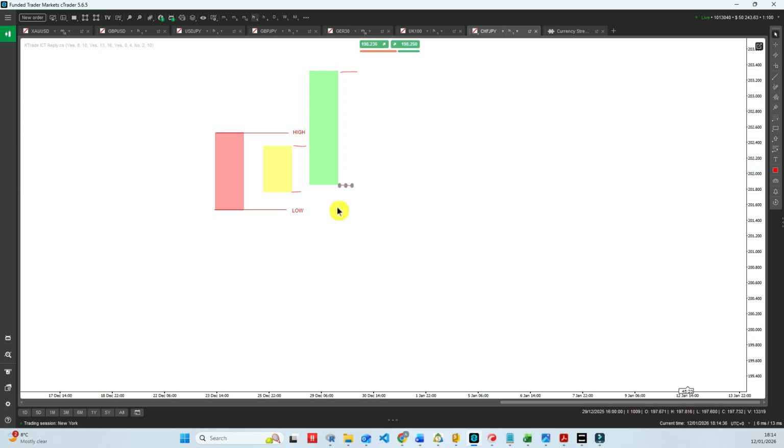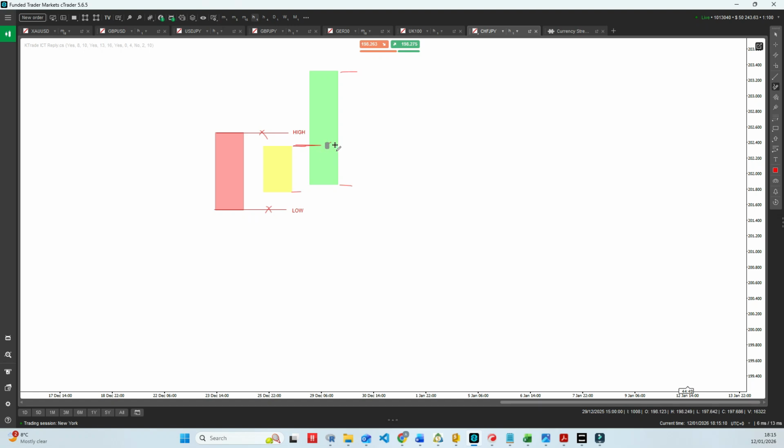So ideally, when we look at this very carefully, because during the London session there was no break of the high or low of the Asia, we don't take any trade here. But we see that during the New York session there was a break of the high of the Asia session.